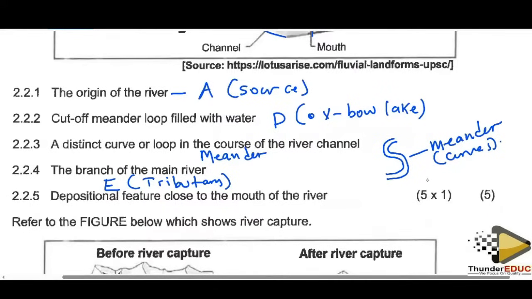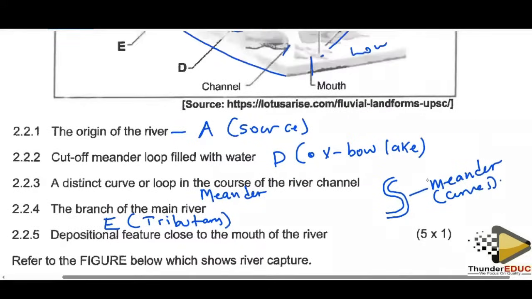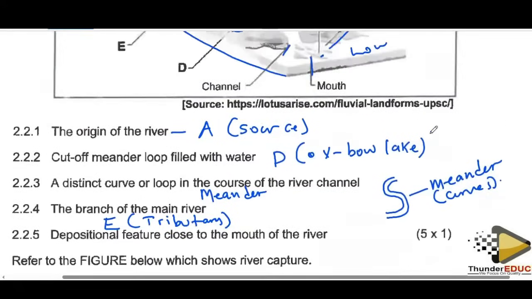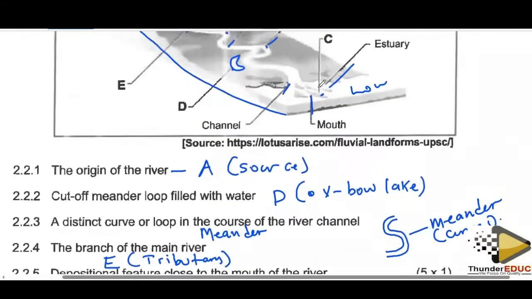Then number 5, so 2.2.5, the positional feature close to the mouth of the river. So that is going to be, this is the mouth here. Try to make it more clearer. Right.